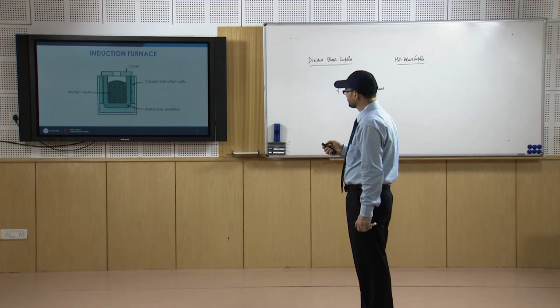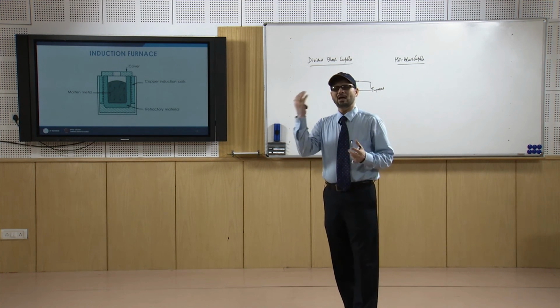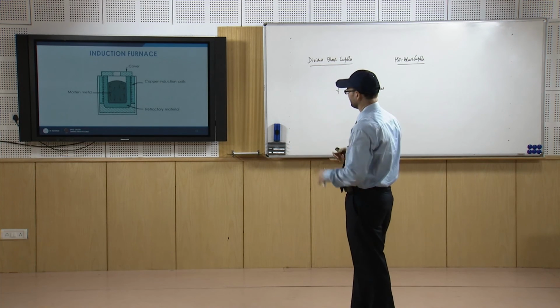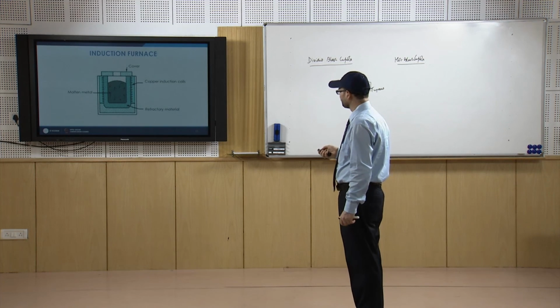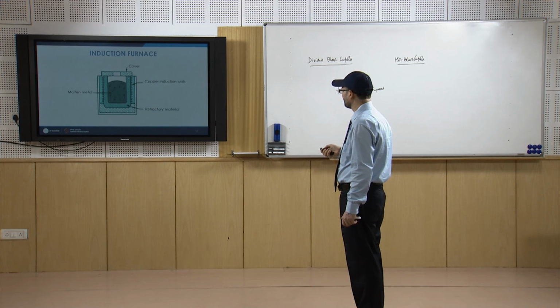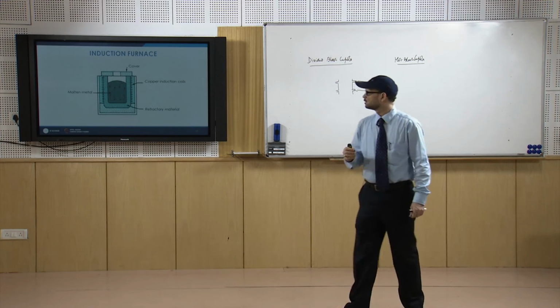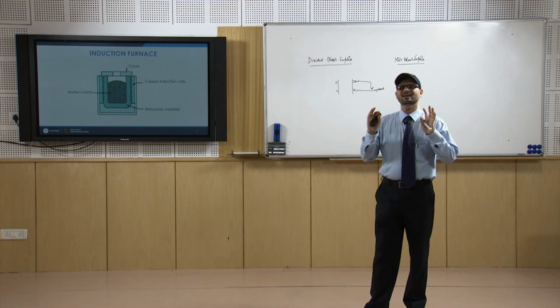These copper induction coils are normally water cooled, and because a large amount of temperature is generated, you have the lining materials, that is, refractory lining. That again may depend upon what kind of material we are melting. These furnaces are known as induction furnaces.